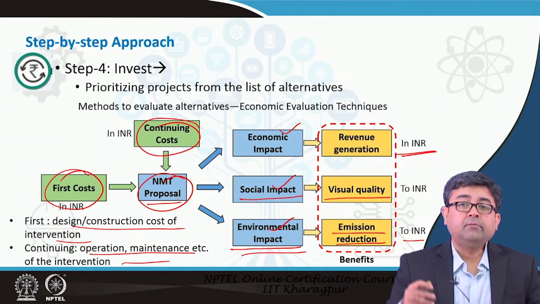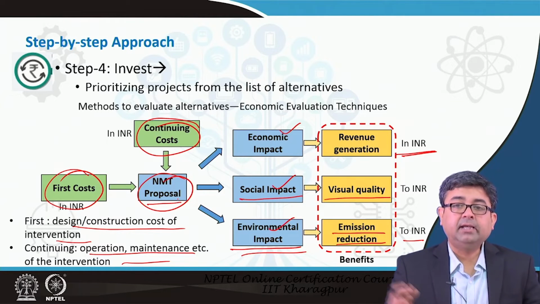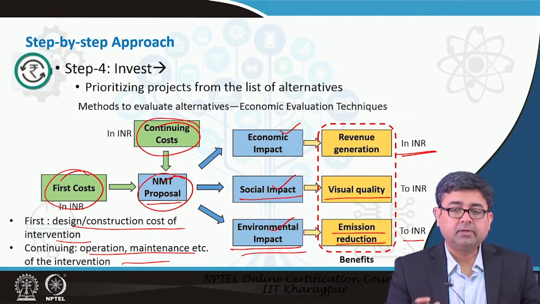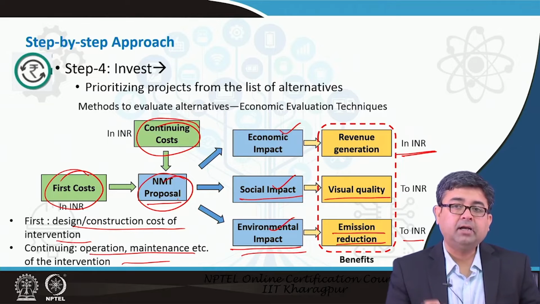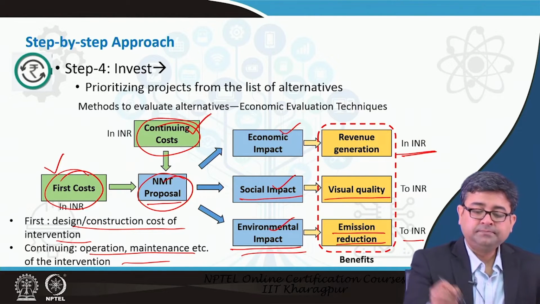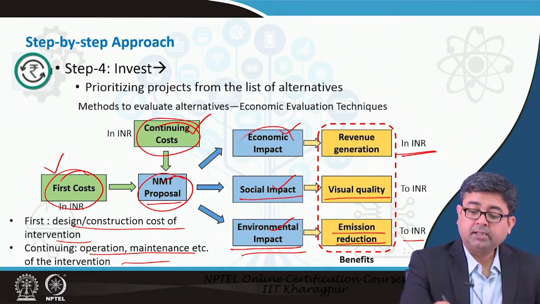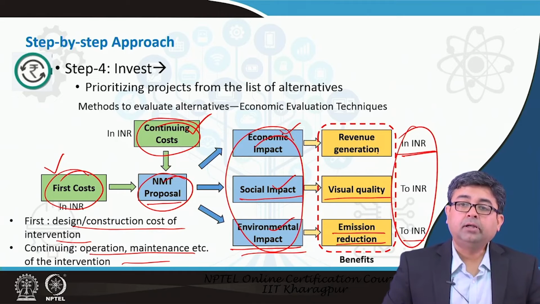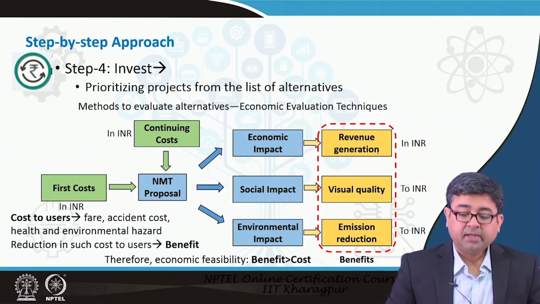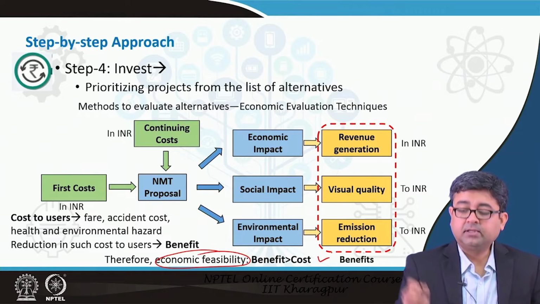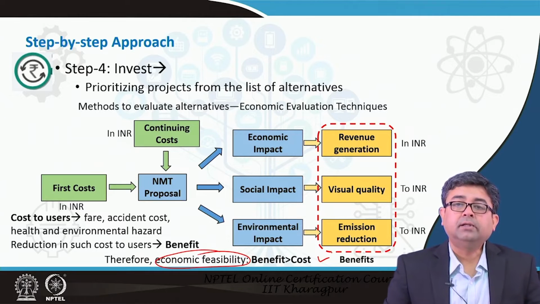So, when you are trying to invest in any of the proposals, this is the overall structure of what to identify in that project. You have to identify 2 types of costs. You have to identify the benefits or impacts, convert them into monetary terms, and then say the project is economically feasible if the benefits outweigh the costs.